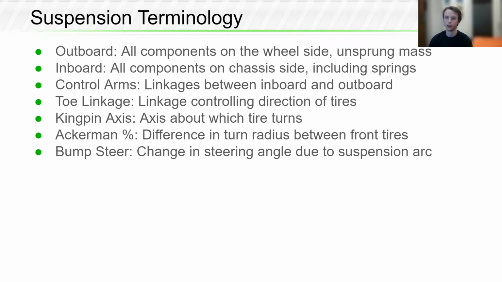And bump steer is a change in the steering angle due to the suspension arc. So as the suspension travels up and down, because it doesn't travel in a perfectly vertical line, the kingpin axis changes as the tires travel up and down. And that affects how you steer when your suspension is loaded.